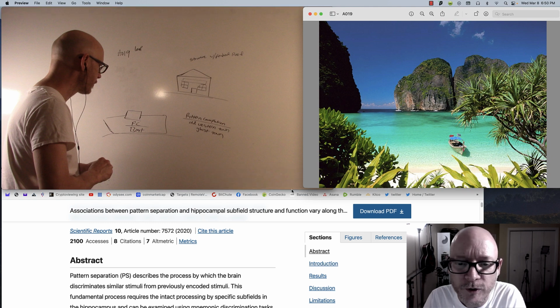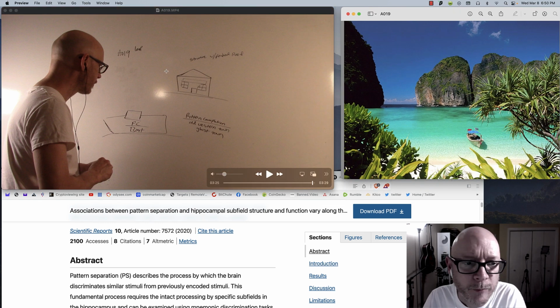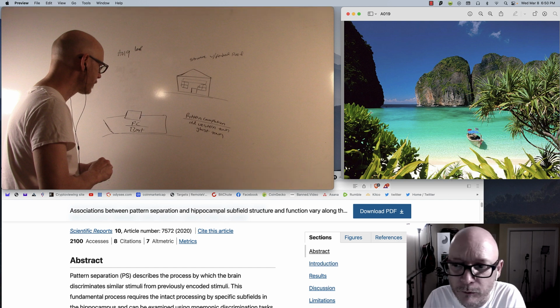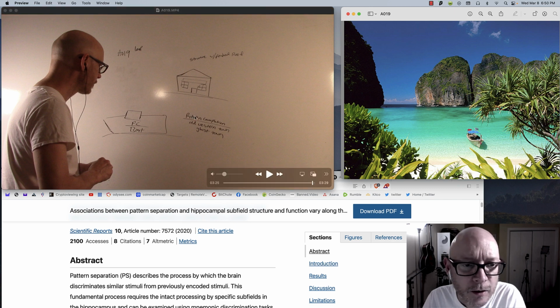So we've got both elements here: pattern completion and pattern separation. Elements of pattern separation came in. But the interesting thing is that the pattern separation element of the true state came in after the completion.